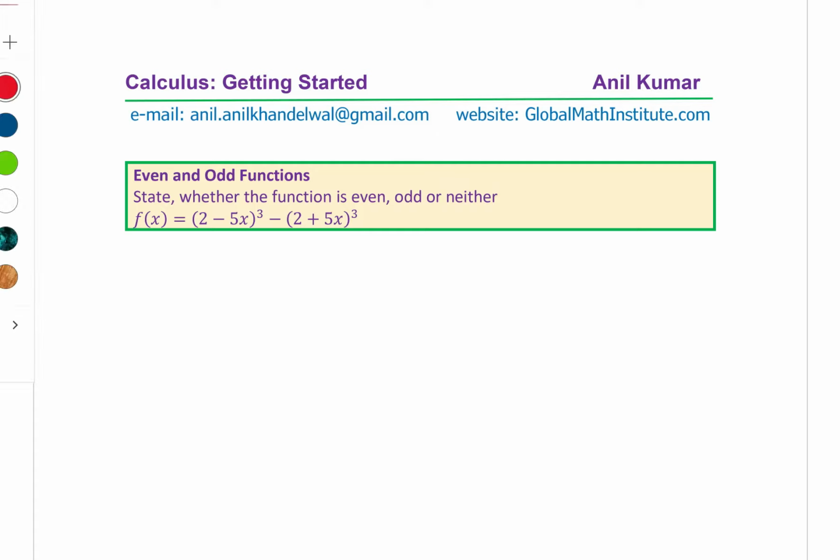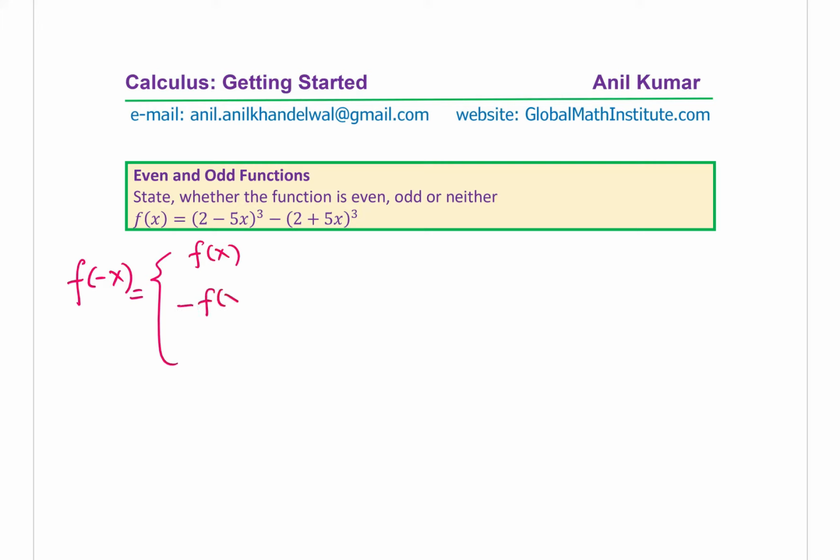Let's give some base for it. We have the function f of x. If we try to figure out the value of f of minus x, let me write on the left side. So if I have f of minus x, it could be equal to f of x, it could be equal to minus of f of x, or it could be neither.